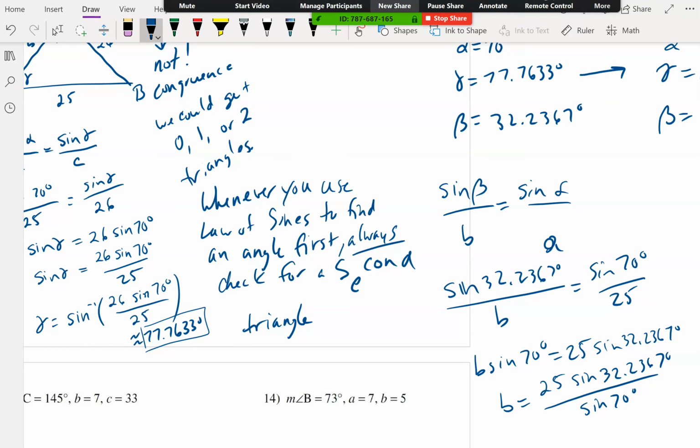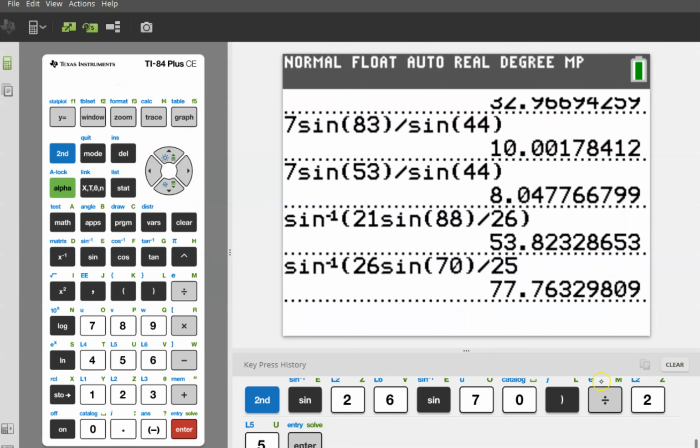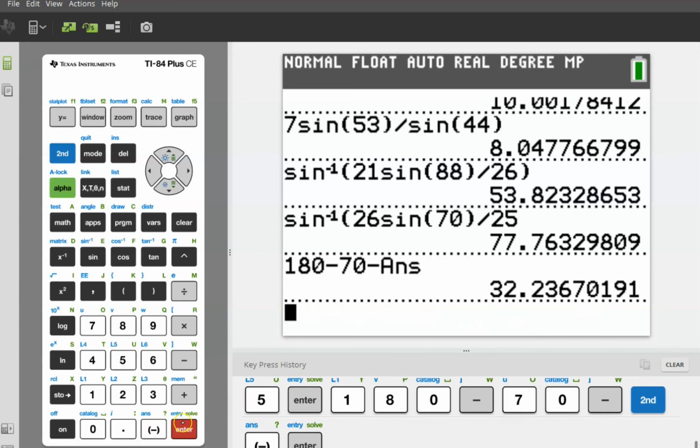So, good job for a calculator. I'm going to use the calculator to get my value, so I don't have to remember what the decimal was. One of the angles was 70, and previous answer was that angle, so this is the beta we're using.